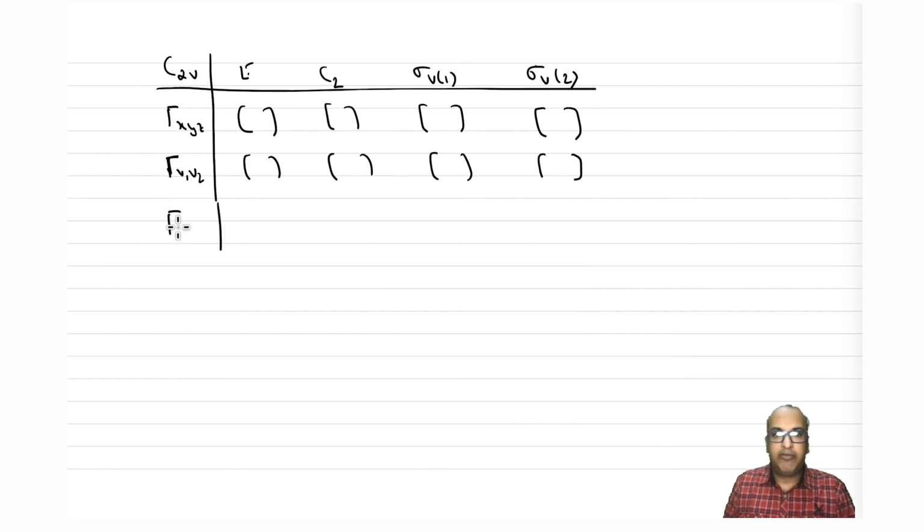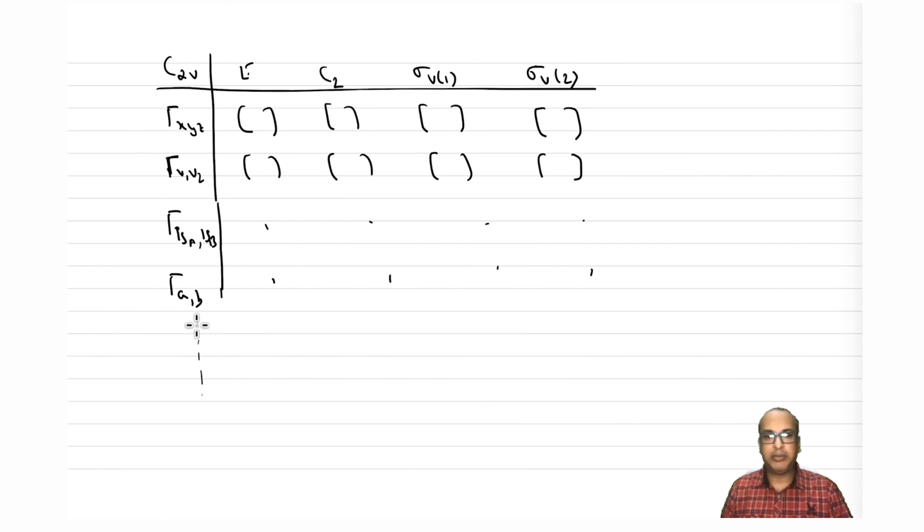Now if I have 1sA, 1sB, I get a different representation than above. If I have AB vectors which were perpendicular to the plane of water, I get different matrices. So I can keep on choosing different basis sets, and I can keep on getting different matrix representations.